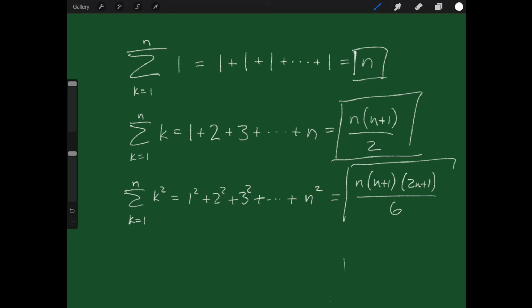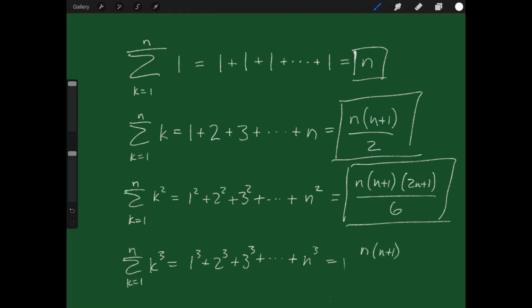Okay, the final one that I want to share with you that's going to be helpful to us is, what's the sum k going from 1 to n of k cubed? This is 1 cubed plus 2 cubed plus 3 cubed plus, and so on, plus n cubed, which is equal to n times n plus 1 over 2 quantity squared.